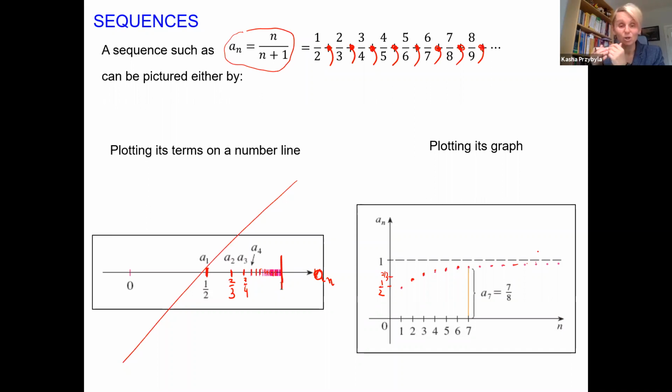Now, in order to check this behavior arithmetically, or calculus-wise, I will ask you this: how does this expression behave as n goes to infinity? And we know that this is 1. As n is getting bigger and bigger, the values of the sequence are approaching 1. It's the limit as n goes to infinity of the sequence.